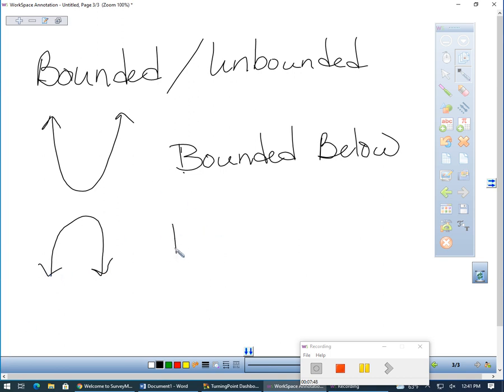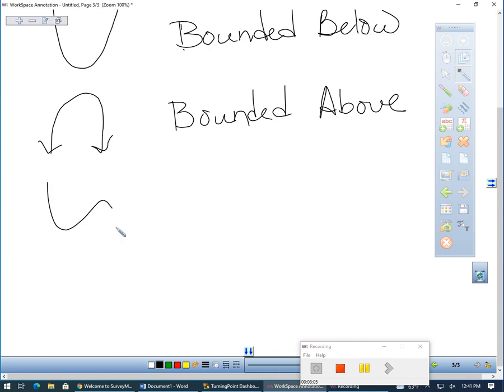This is bounded above, right? Because the arrows are pointing down. That goes forever. So this is bounded above. What about if I had a picture that looked like this? This is unbounded because it can go forever up and forever down.